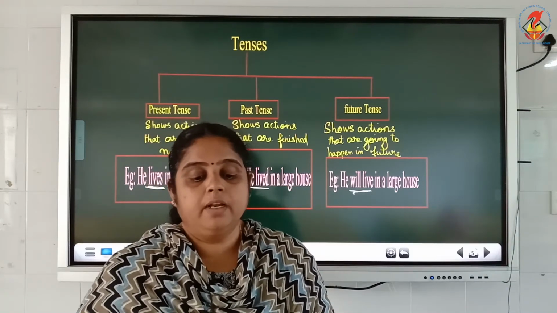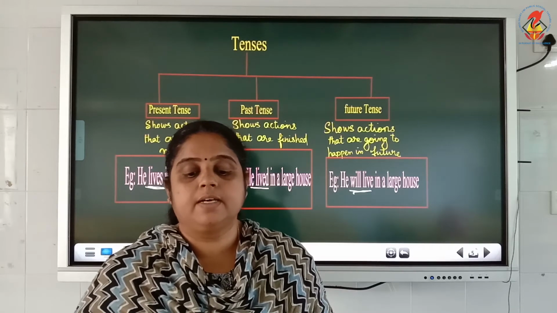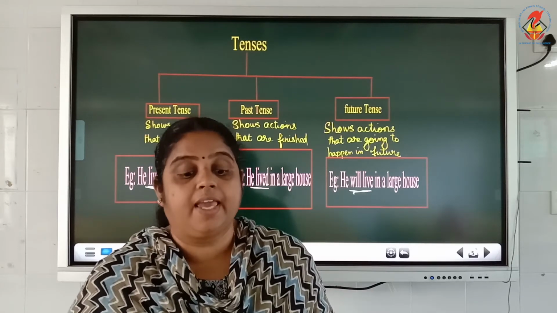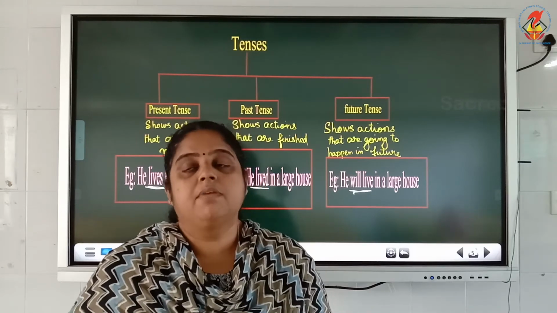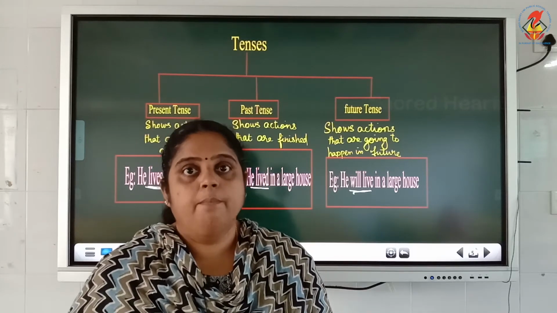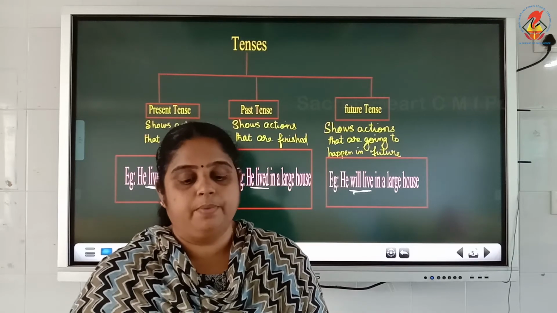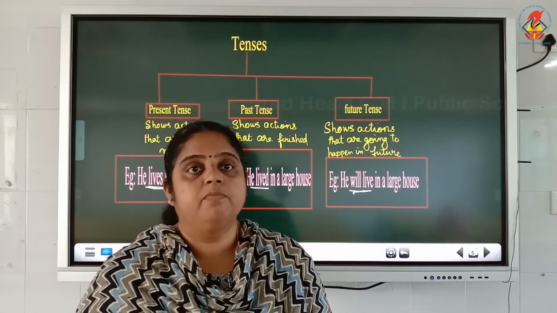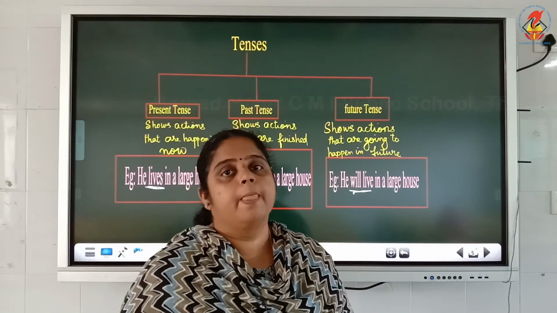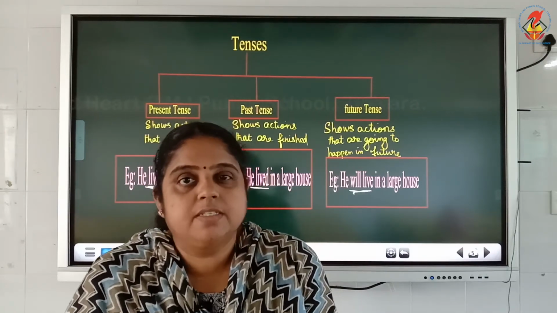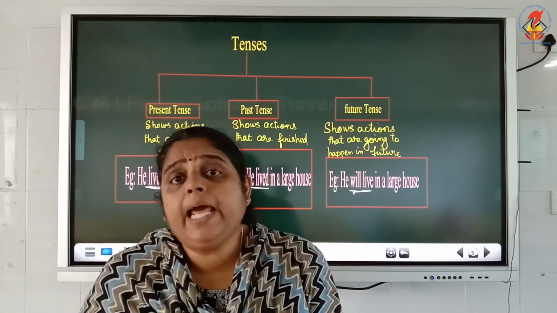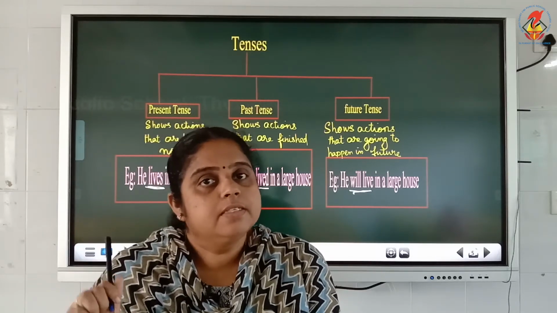So, first one, Monali polishes her shoes every day. Which is the verb in that? Yes, already marked, polishes. Polishes is the verb. And what is the subject there? Yes, Monali. Is Monali singular or plural? It's singular.